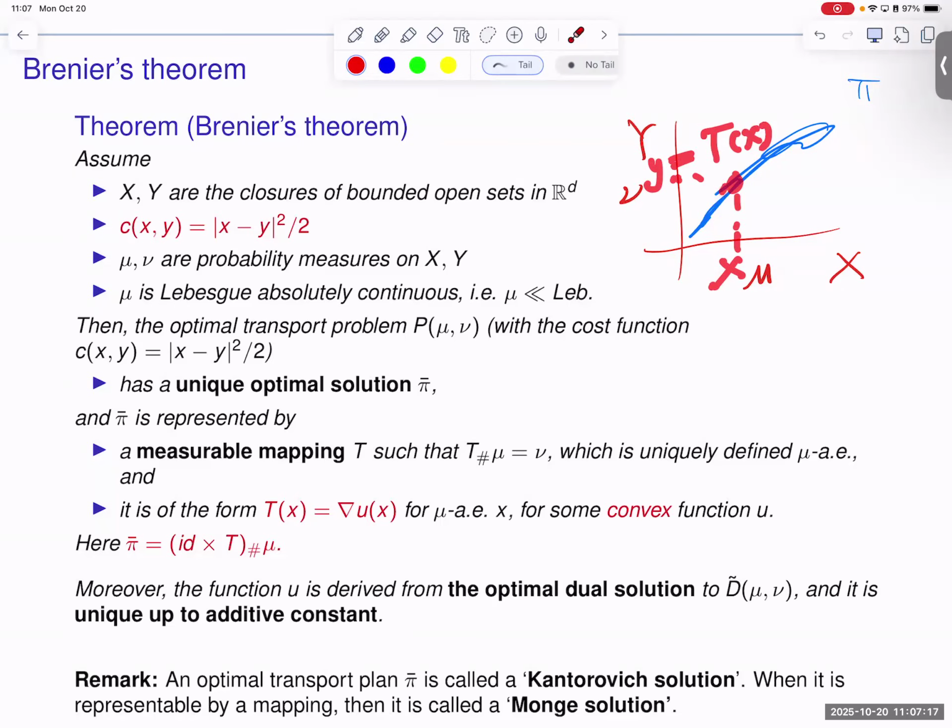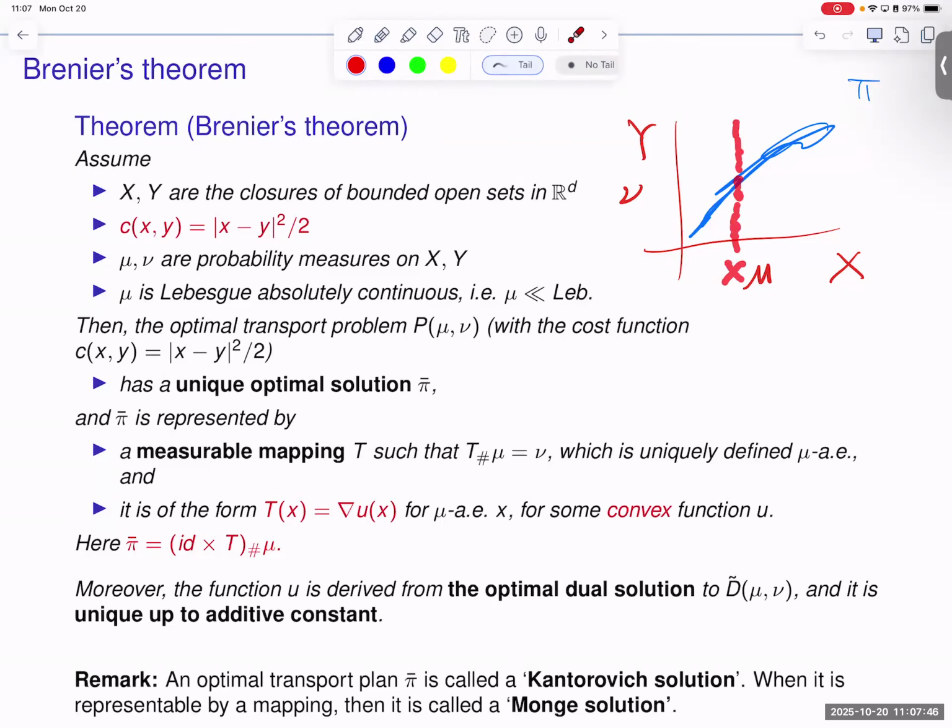So what's the difference? In a transport plan, given x, you may split the mass into several locations. Like you transport, let's say, a pile of dirt here in this room to another room, then you may split the mass of the pile into many paths, and then you can spread that over the other room, right?